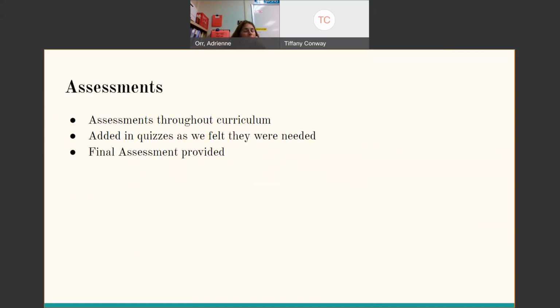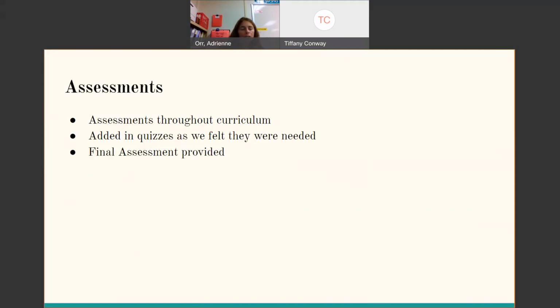And then the last thing: the program has assessments that they've given you. There are lots of little exit slips that they used. We added in some of our own quizzes because we added to the curriculum, like the characteristics of life and some of the parts of the cells that weren't really covered in there.